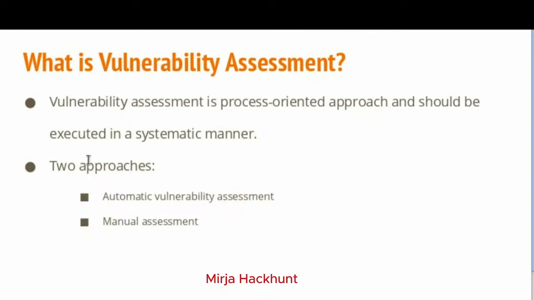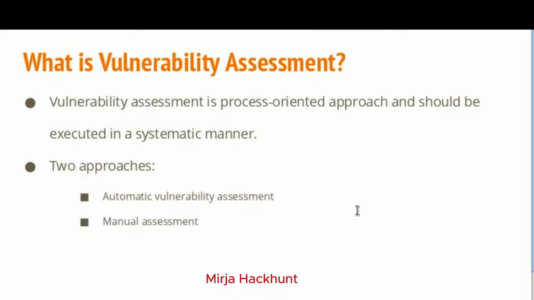And there is another approach. There are 2 approaches. First one is automatic vulnerability assessment based on tools like Nessus, OpenVAS, and we have a different set of tools. The other approach is the manual approach. The manual checklist based approach basically uses best practices published on well-known vulnerability tracking sites.